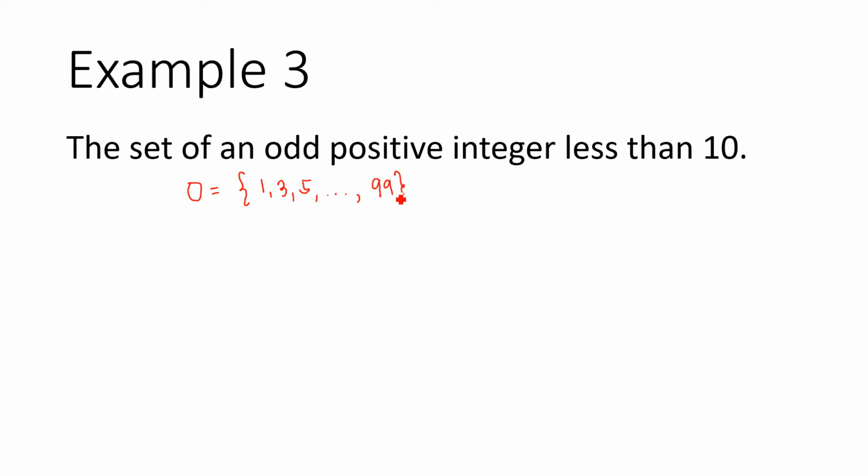Because it is very inconvenient to list all the numbers from 1 to 99, which are all the odd numbers less than 100.